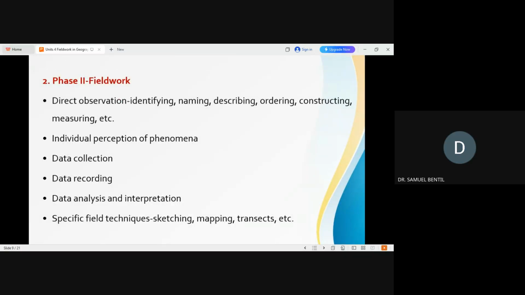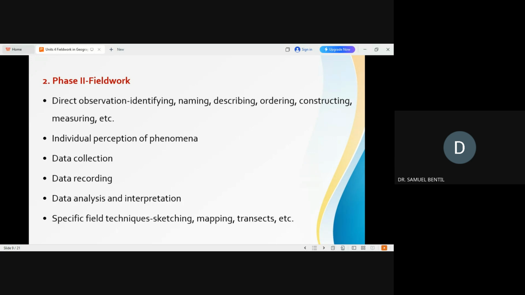Then the next one is the fieldwork, phase 2, where you have direct observation. So here you must identify, name, describe, order, construct, and measure when you are on the field.